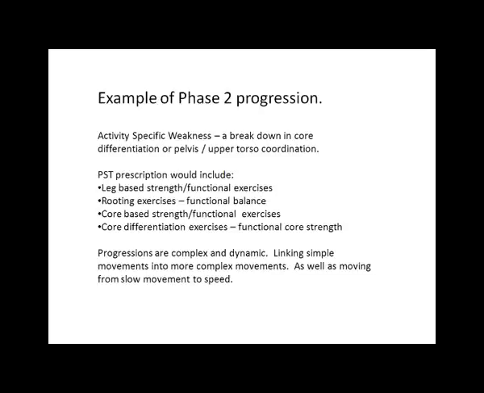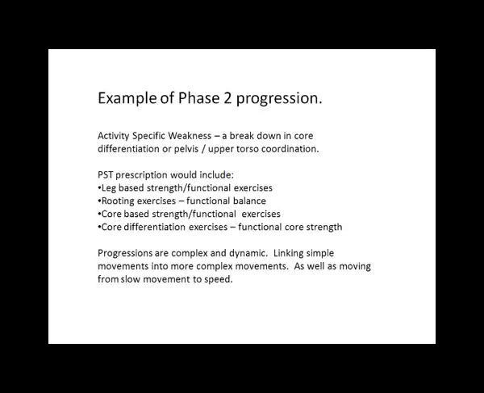Or, in pitching we may work from a stride, an isolated lower body stride position, doing half throws from there to isolate the core. So we're going to move from our more strength and functional based exercises directly into activity specific exercises. But again, the emphasis here is in base and skill development and teaching the body how to move more efficiently. Even though we're being more aggressive about it, it's still very much motor learning and skill development based.